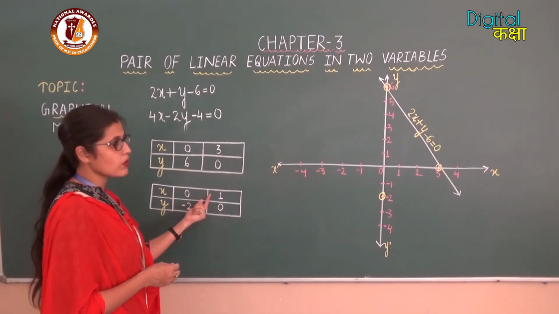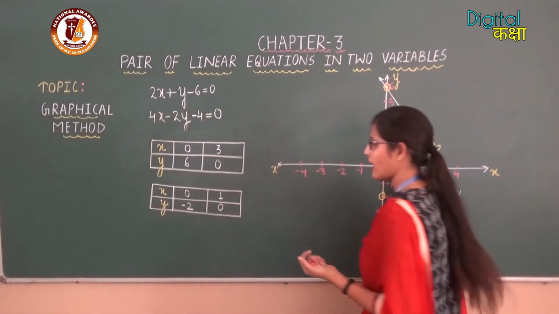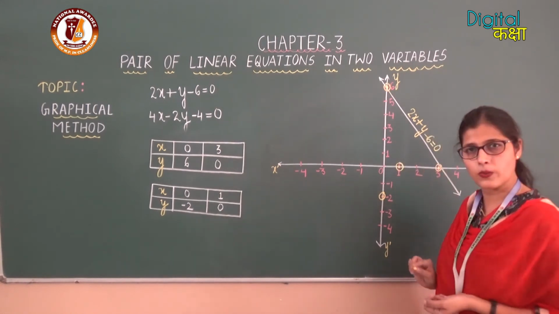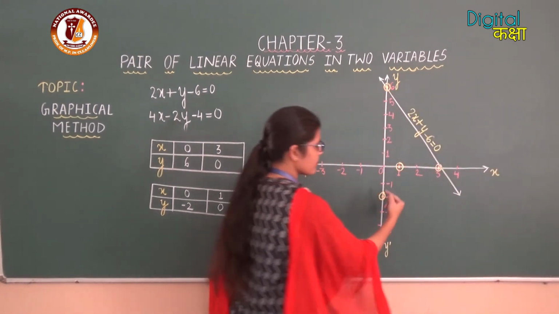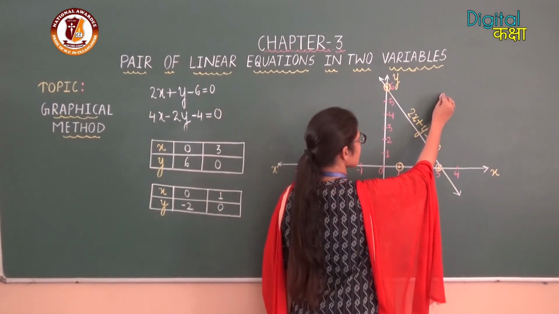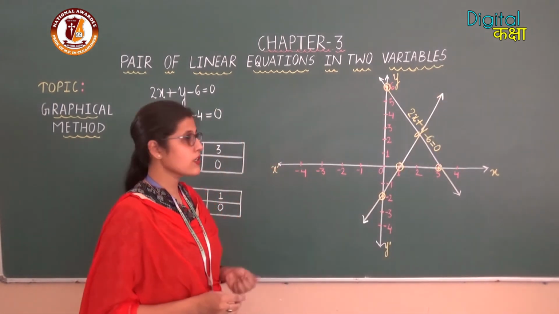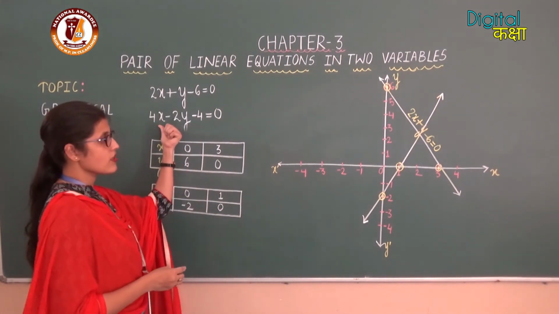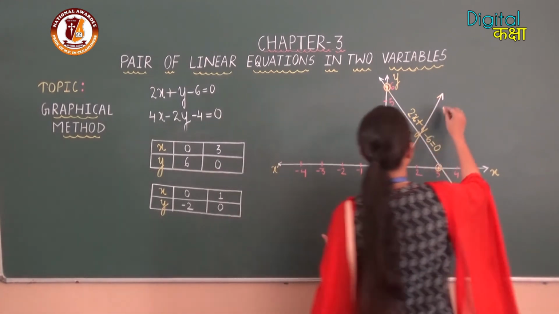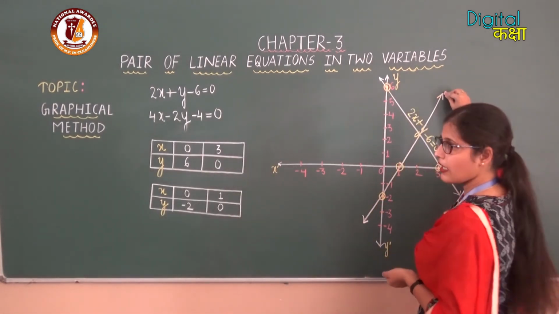Now, at x equals 1, the value of y is 0. So let us represent it over here. Now we will join both the points and draw a straight line. This line represents your second equation, which is 4x minus 2y minus 4. So you can mention it over here as well.